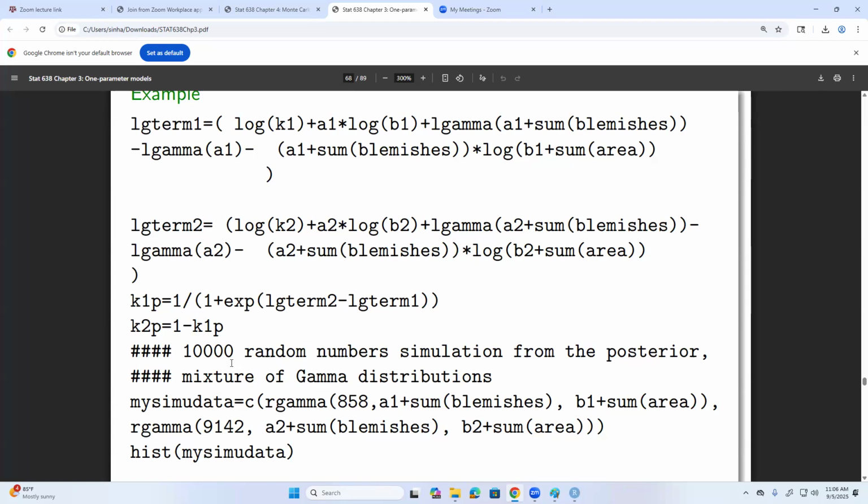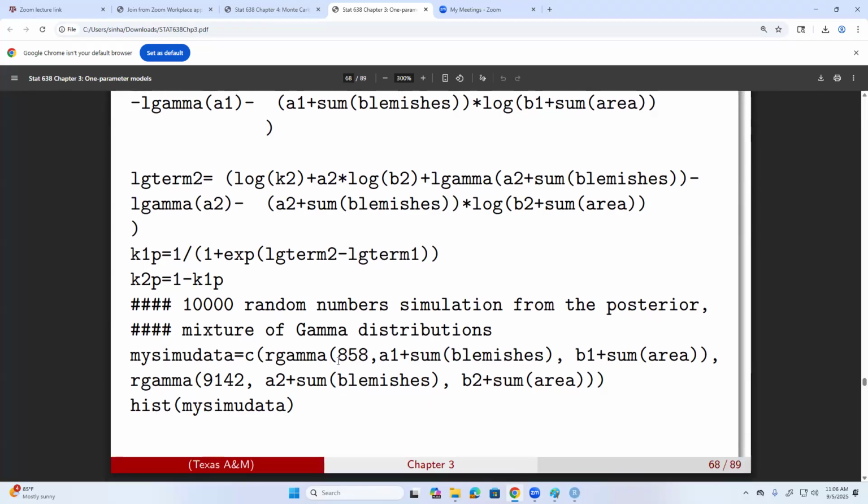And it turned out that the mixing weights are 858. So I actually calculated the weights, mixing weights came out to be 858 over 858 plus 9142. Weight for one component.